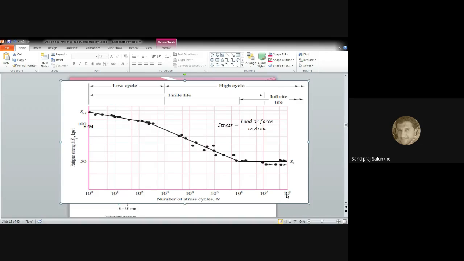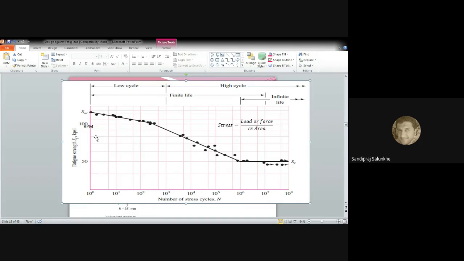So once you draw this graph, all these points which you are going to see on this graph are showing that this standard specimen is going to fail at the value which you will get here. Suppose that value is 60. So 60 number of cycles are capable to sustain whatever may be the value which you are going to get here.